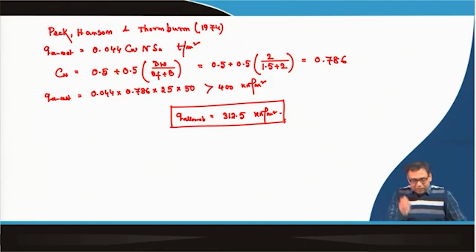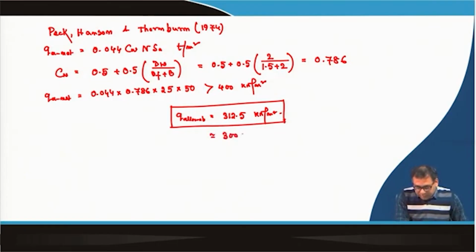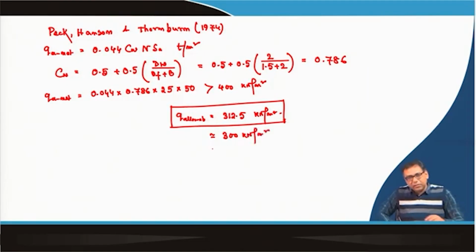But here it is only to calculate, because there is no checking option available. So, you only have to calculate this allowable bearing capacity. We recommend 312.5 kilonewton per meter square, or if you want to put it in a round figure, you can put 300 kilonewton per meter square.